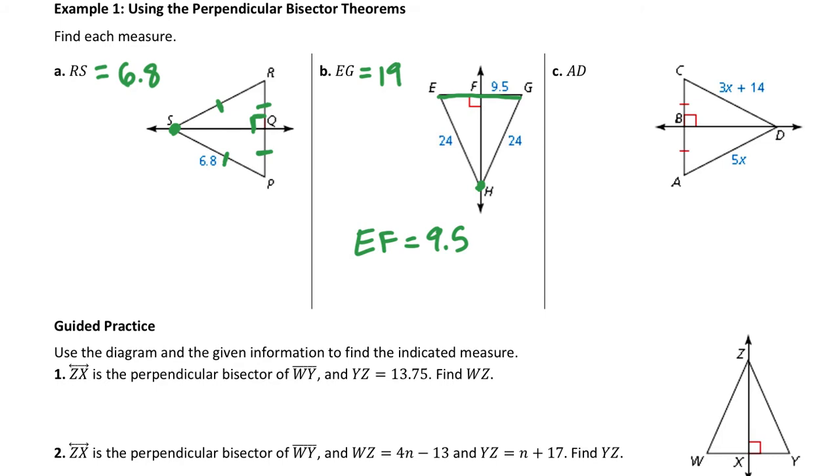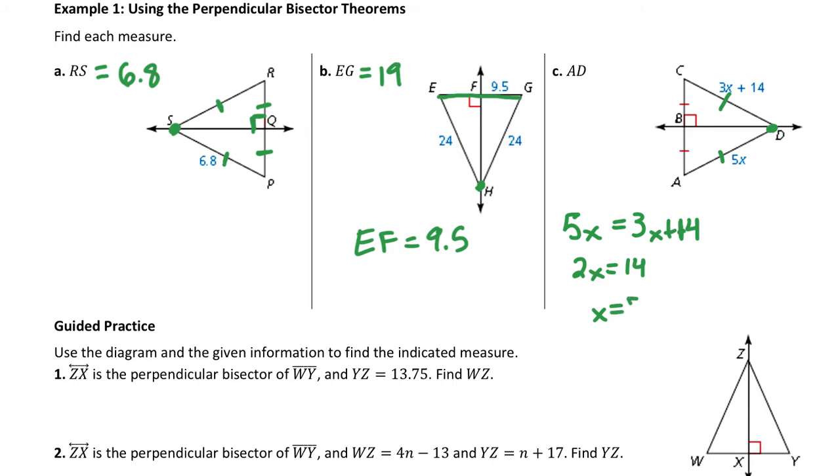And then the last example is very similar to part A. D is on the perpendicular bisector of CA, so CD and AD are congruent. So I can set up the equation where 5x is equal to 3x plus 14. Solving that, I can subtract 3x from both sides, so 2x is 14.